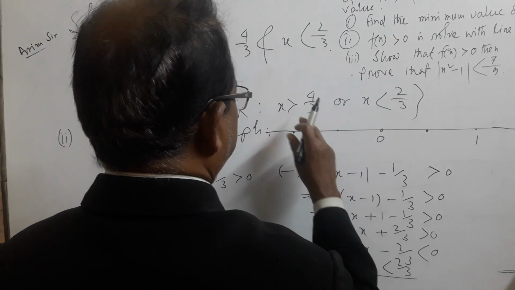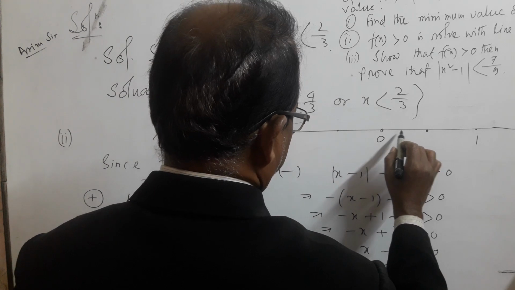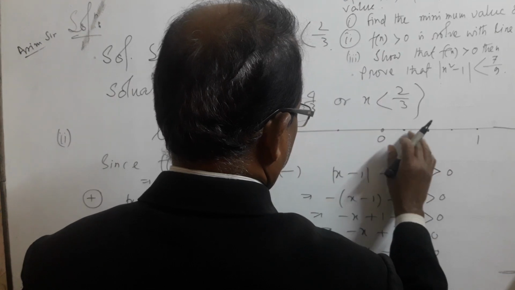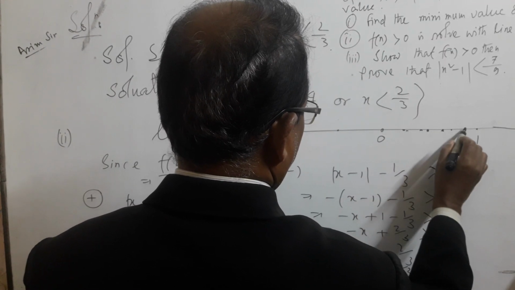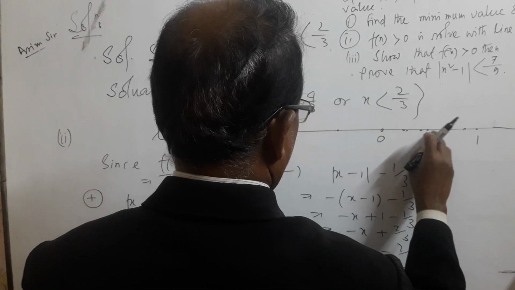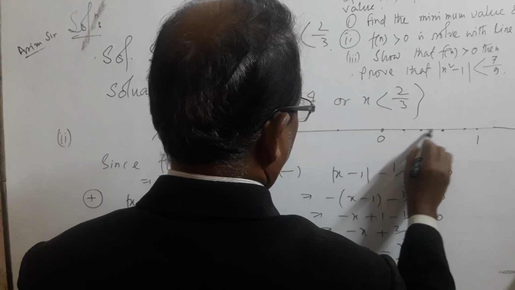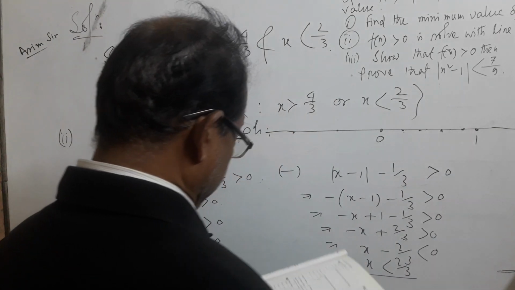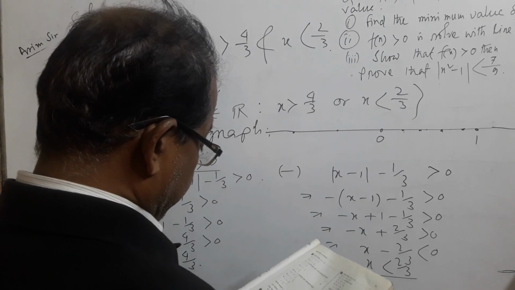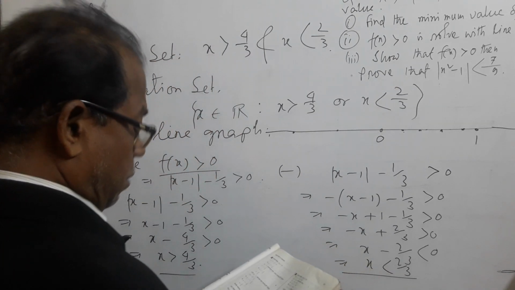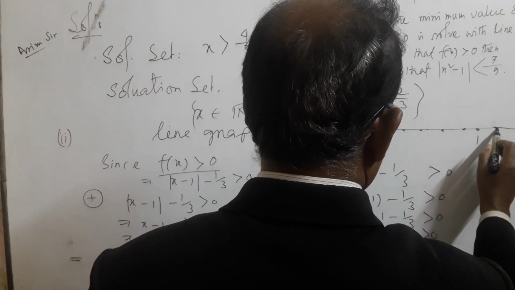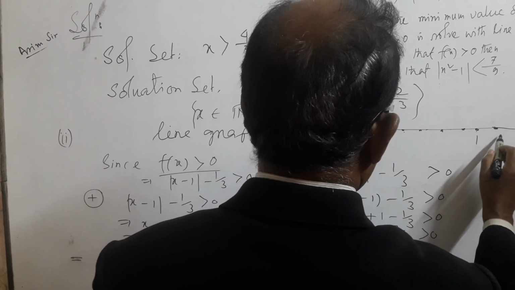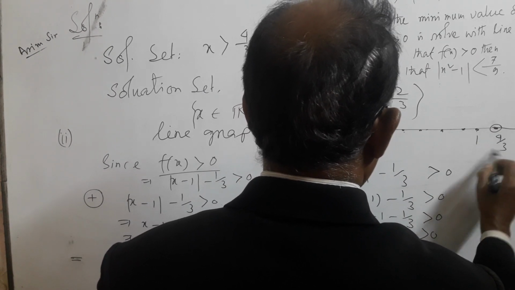X is greater than that, so 1, 2, 3, 4. So that implies 4 divided by 3. That means a little more than 1. This point is 4 divided by 3.